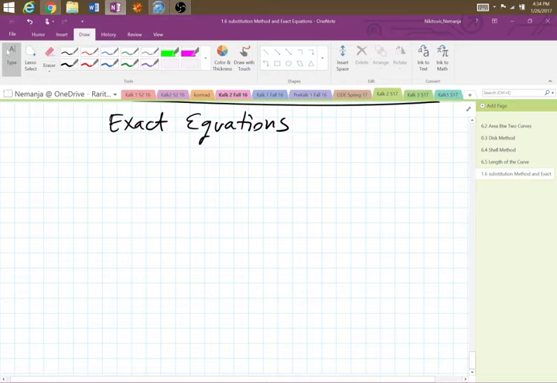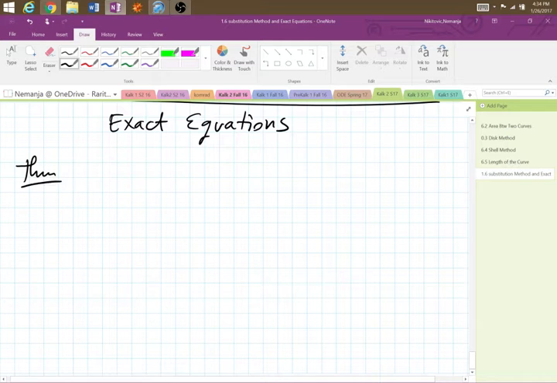So suppose that functions M of x, y and N of x, y are continuous and have continuous first order partial derivatives on the open rectangle. So they give us this continuity and differentiability requirement. I'm just going to shorten all of that because the whole thing is in the book.